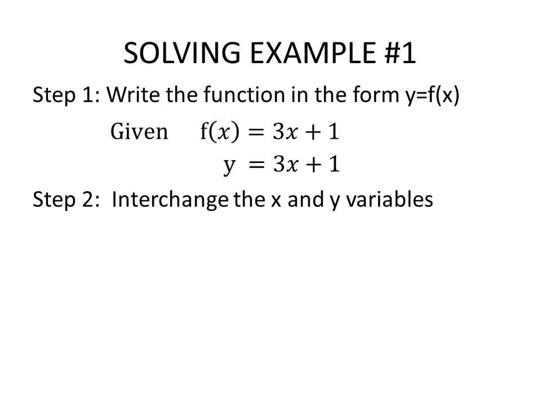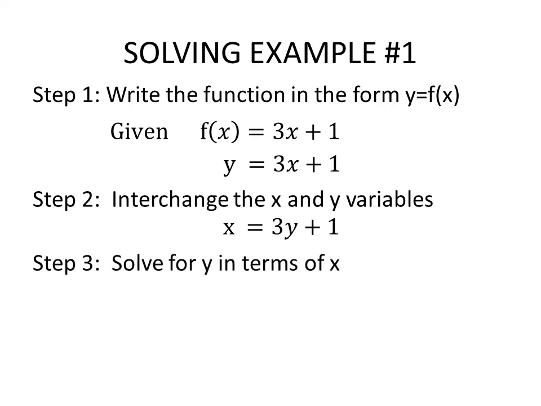Step 2. Interchange the x and the y variables. y becomes x and x becomes y. So we can rewrite that as x is equals to 3y plus 1. You see, y becomes x and x becomes y.